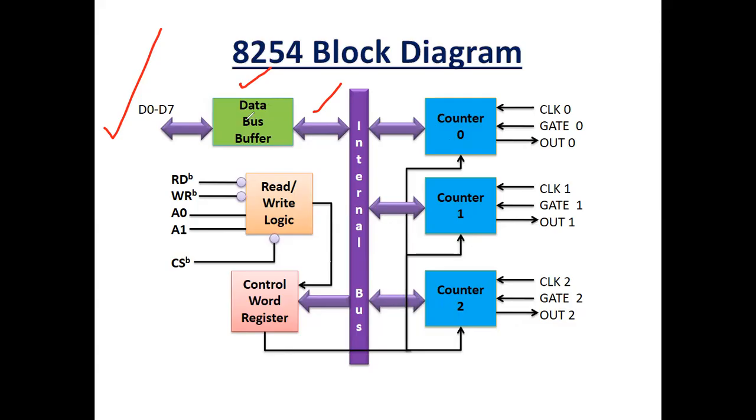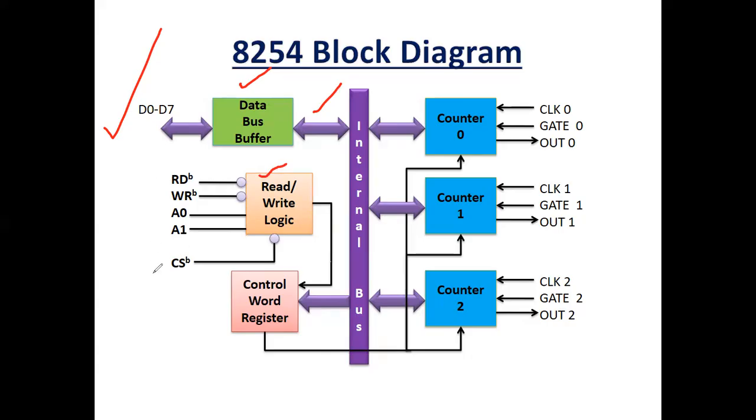In addition to the data bus buffer and these 3 counters, the 8254 has read-write logic. This read-write logic is a functional block which is responsible for read and write operations.